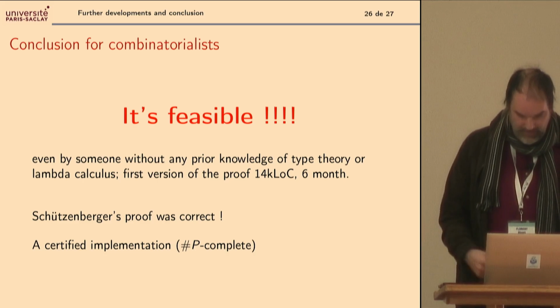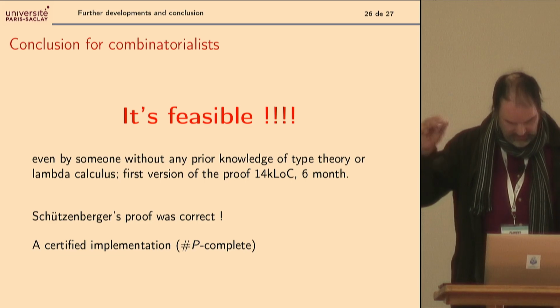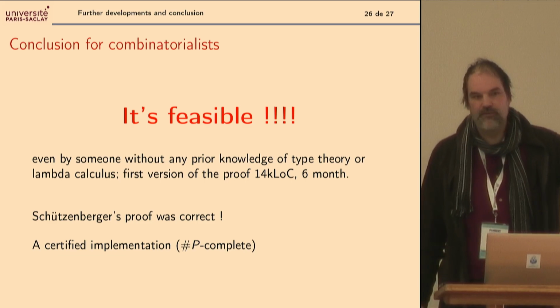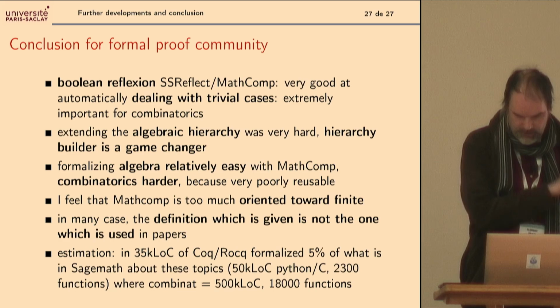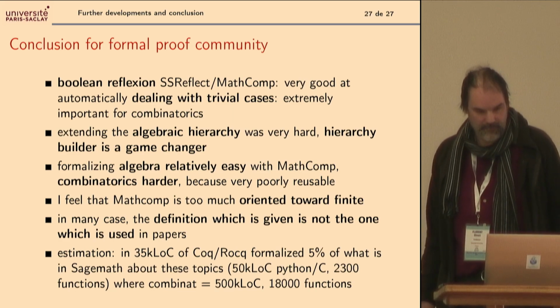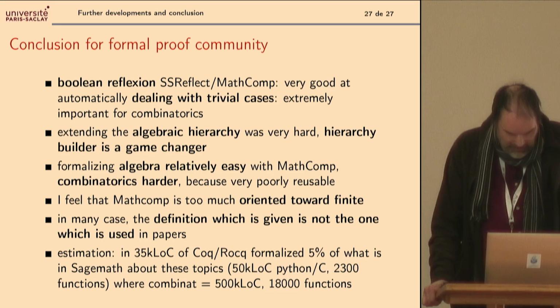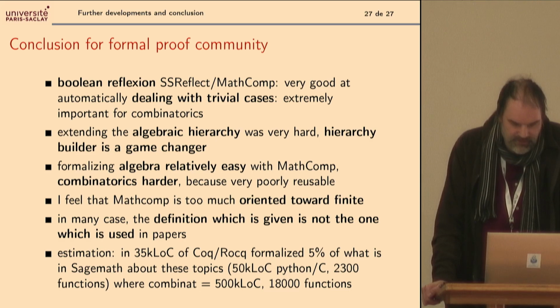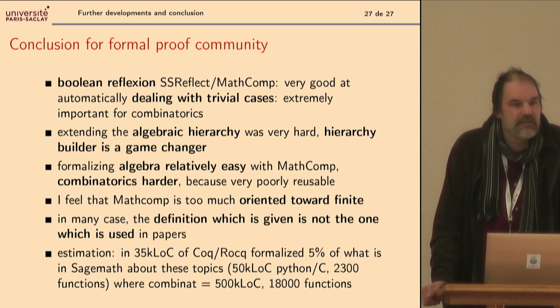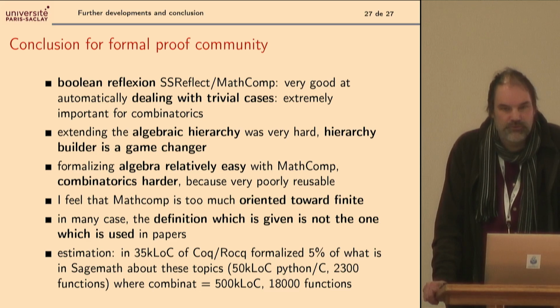Okay, so that's the conclusion for combinatorialists, there is also a further comment, but I keep it for my second conclusion slide. So what are my conclusions? First, small scale reflection is really something which is useful when you're doing combinatorics.